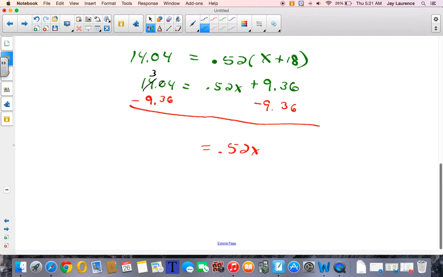We'll go 9, we'll go 14, so we're going to have 8, and then 6, and then 4, and then we can divide by 52 hundredths. All right, and that'll be 9 on the nose. So the answer is 9 gallons of water must be added to the acid mixture.